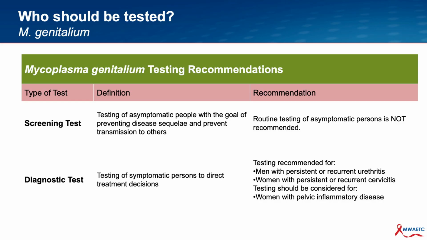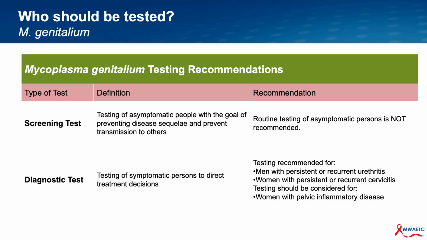I would say in my own practice, in the sexual health clinic where I practice, we have started testing men up front who have urethritis for MGen, because we do see a high proportion that have only MGen and that need treatment, and it sort of expedites their getting their appropriate treatment.